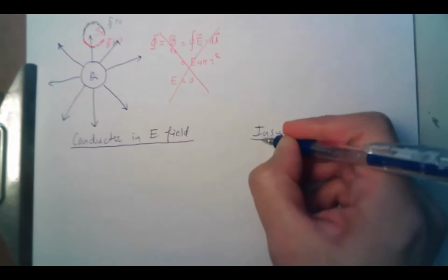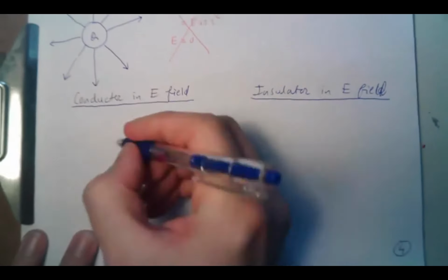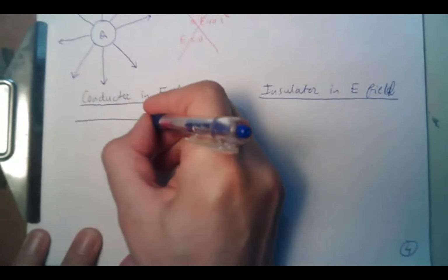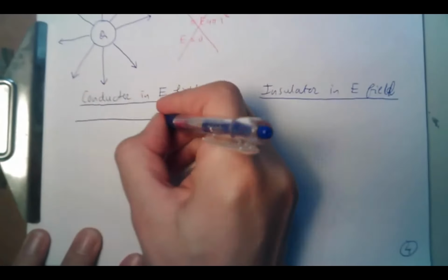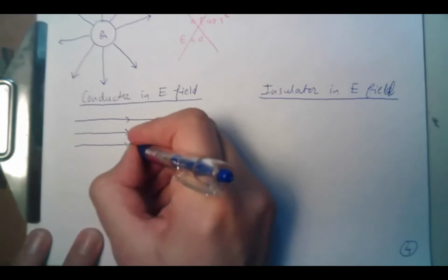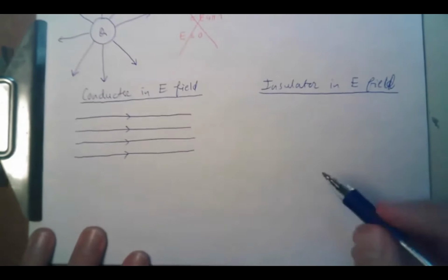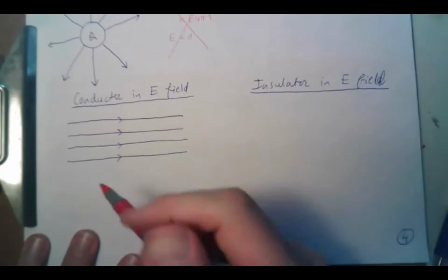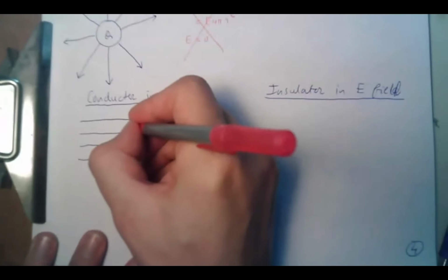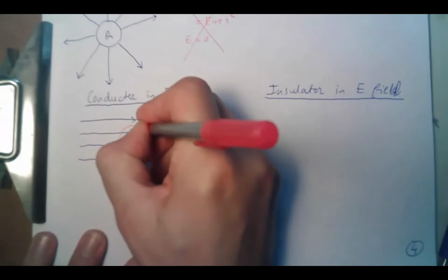All right, so I'm going to draw the initial configuration. So I'm taking some kind of an E field, and let's, for simplicity's sake, make this a uniform field. And now I'm going to place a conductor in this field. So this is going to be my conductor, and I'm going to make this thing a sphere.